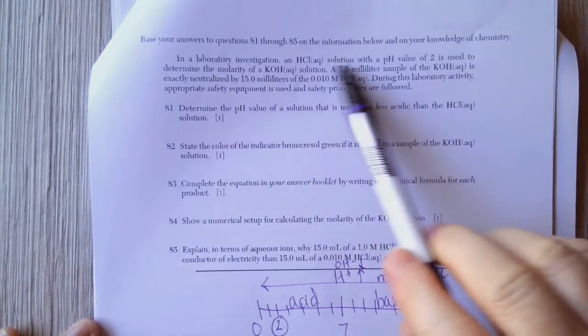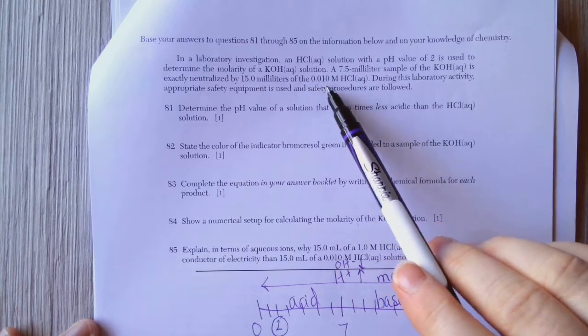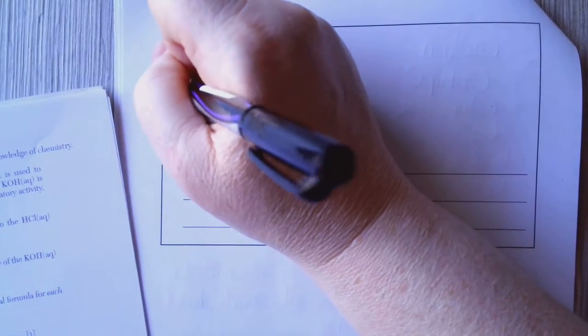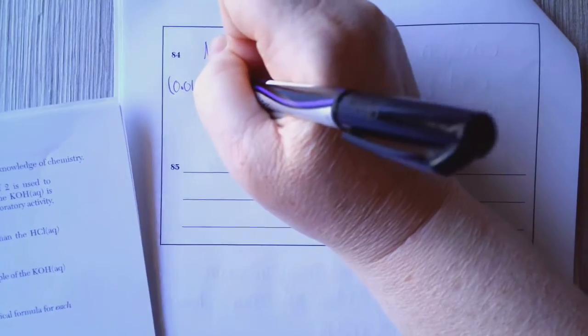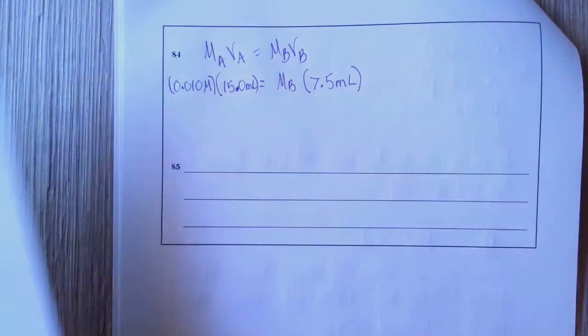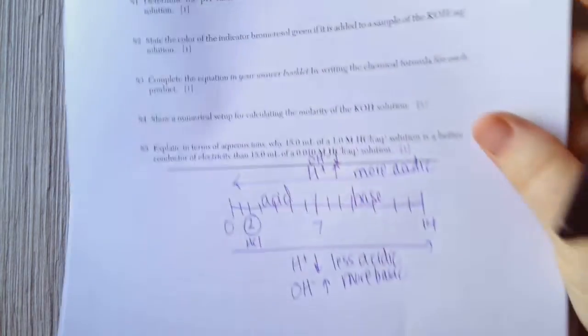If the KOH is exactly neutralized by 15.0 milliliters of 0.10 molar, so the molarity is 0.10 molar, and the volume is 15.0 milliliters. Make sure to show that decimal point. So then that's it. I'm done. I do not have to do a single other thing. When it says show a numerical setup, you choose the formula, plug in the numbers, and stop. That's it. Done. All right, last question.